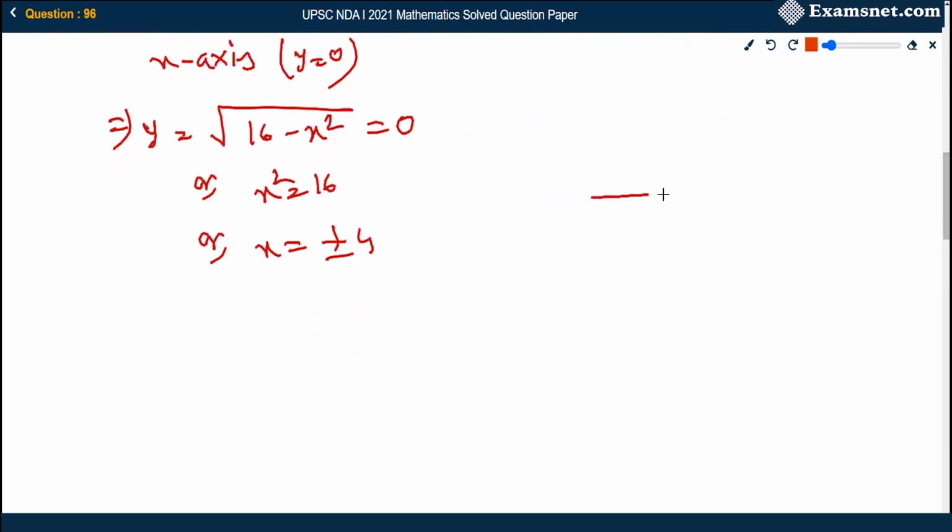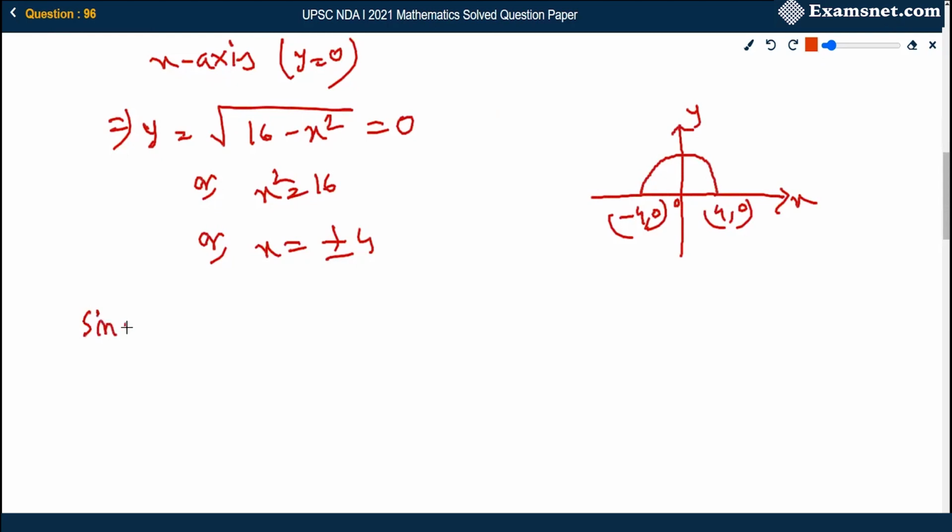So the curve will look like this. Minus 4, 0, and 4, 0.